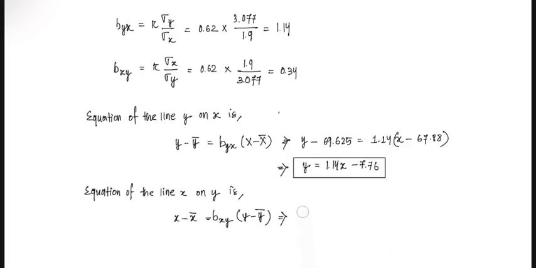That is, x minus 67.88 equal to 0.34 times y minus 1.14. If we further solve it, we will get x equal to 3 point plus 44.21.